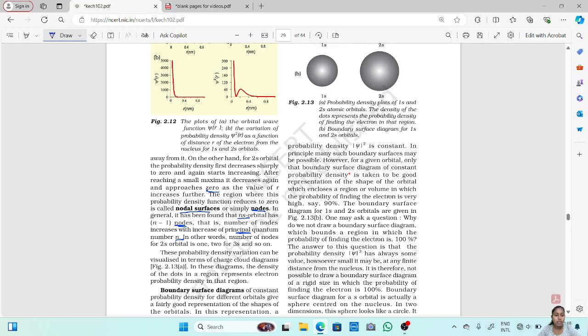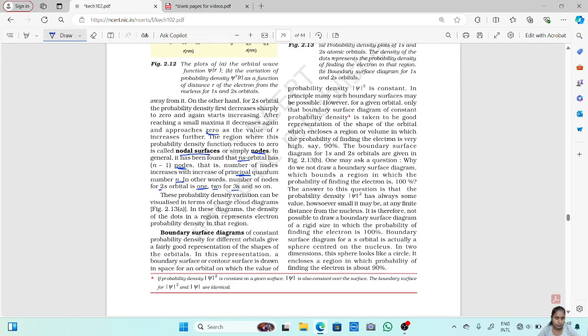In other words, the number of nodes is 1 for 2s orbitals, 2 for 3s orbitals, and so on. As the principal quantum number increases, 2, 3, your nodes will also increase because it is n minus 1. So 2 minus 1 is 1, so for 2s it is 1. 3 minus 1 is 2, so for 3s it is 2. This will go on increasing.